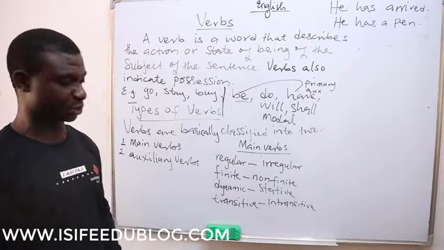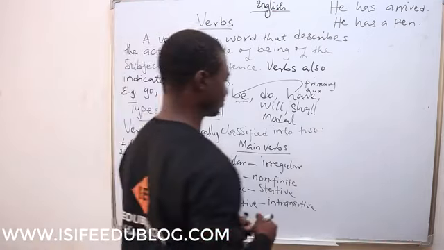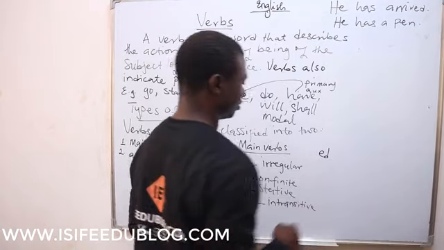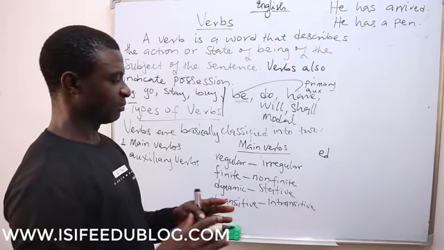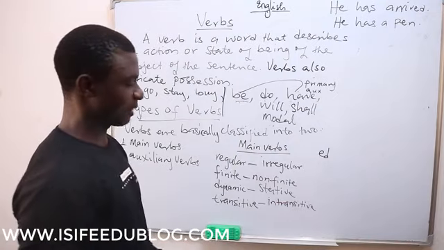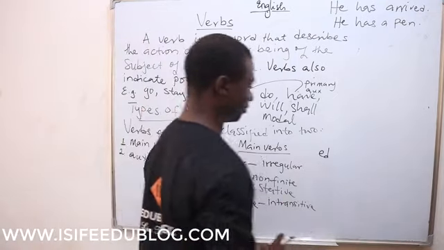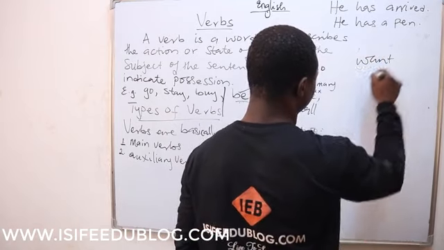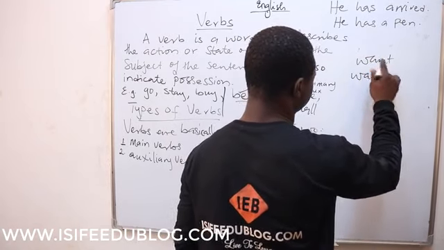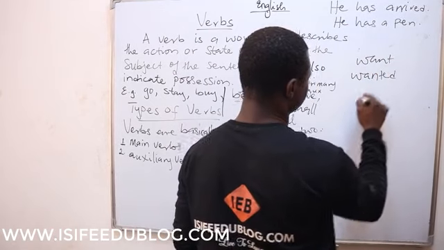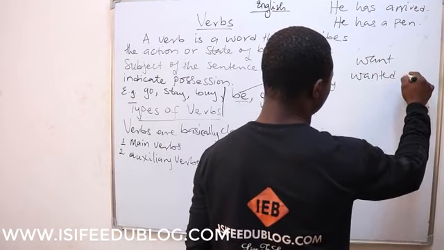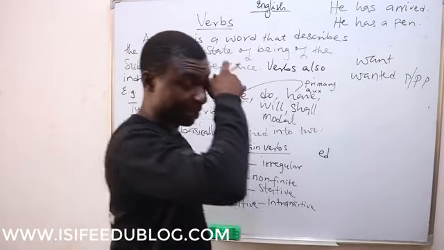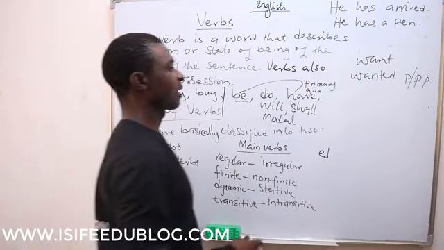Just for introduction, the regular verb takes the -ed form for the past and past participle. The irregular verb you cannot predict. So, want is a regular verb. The past tense is wanted. The past participle is also wanted.